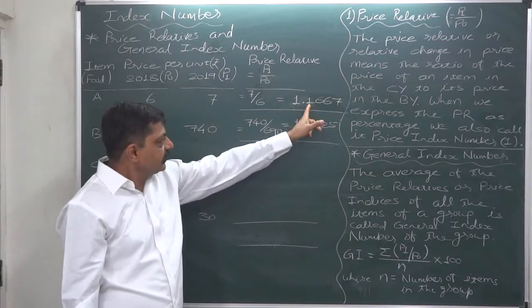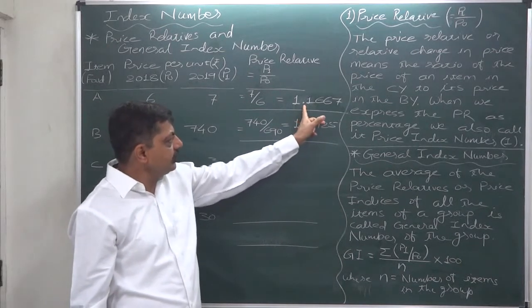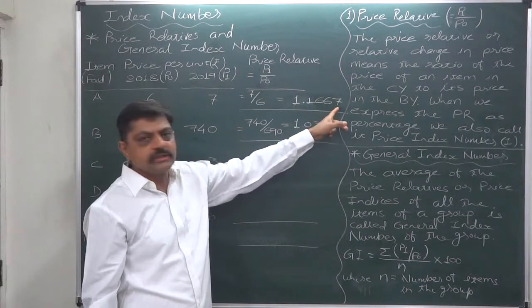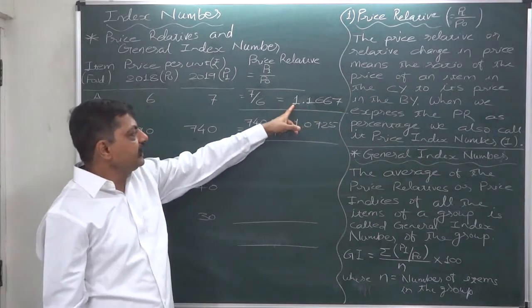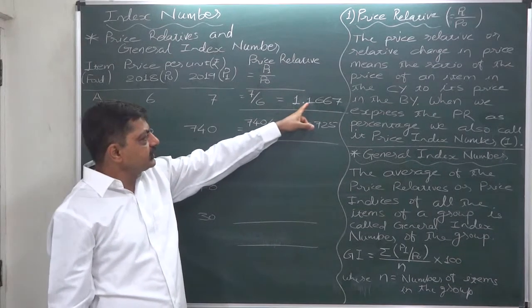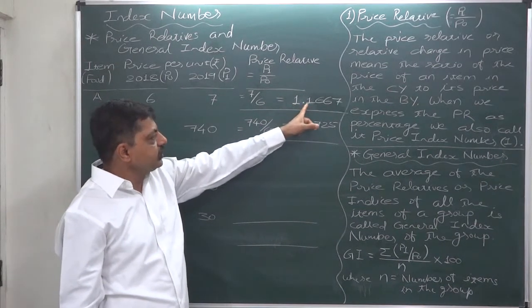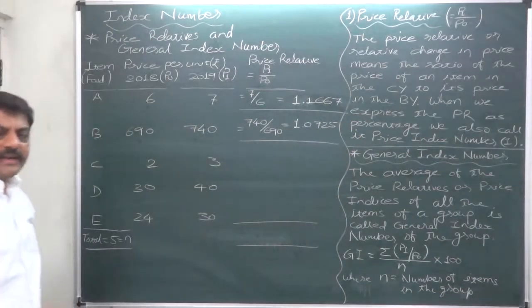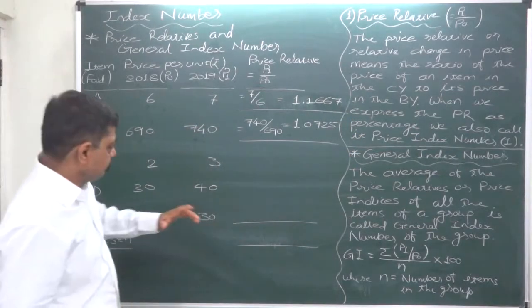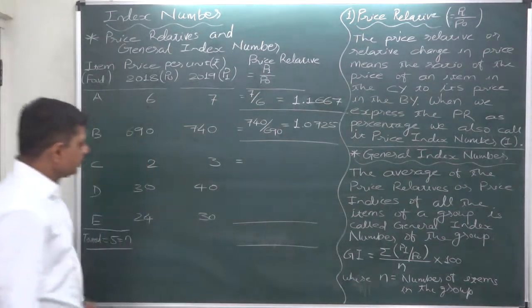And the decimal values show the change in price. As compared to rupee 1 in base year, the price increased by 0.1667. You can convert it into index number to get the point much more easily.